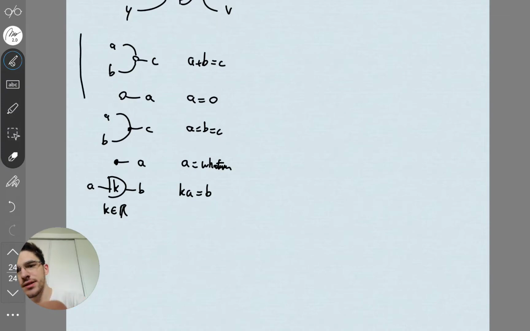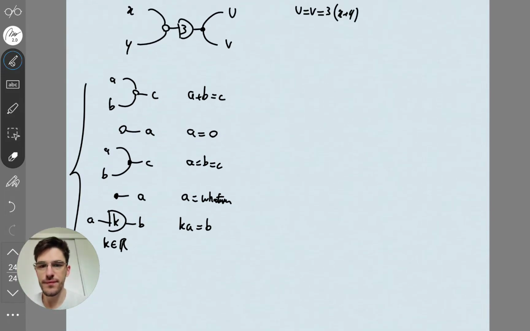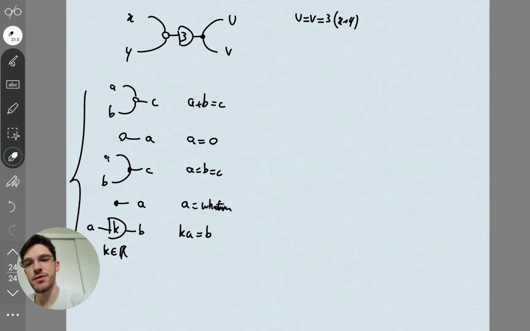These are the basic building blocks of graphical linear algebra. And we plug these things together and we get equations in 2D. And we get a pretty large set of equations. We can write a lot of things in this language.